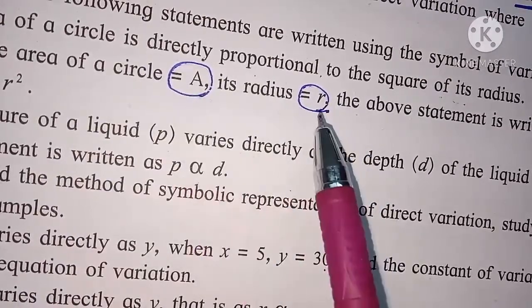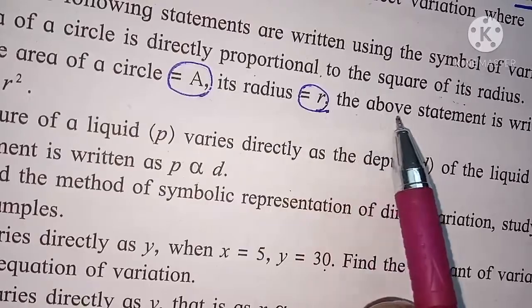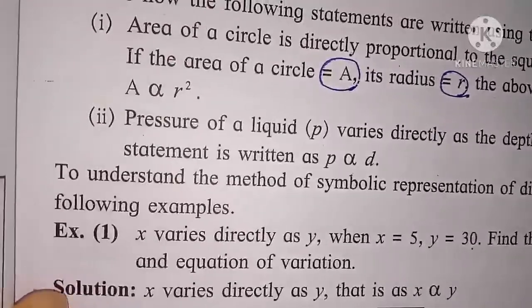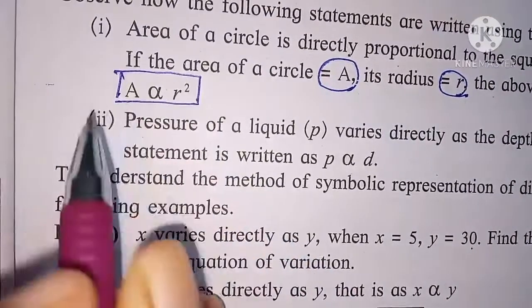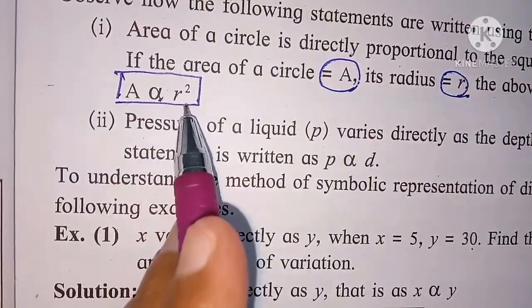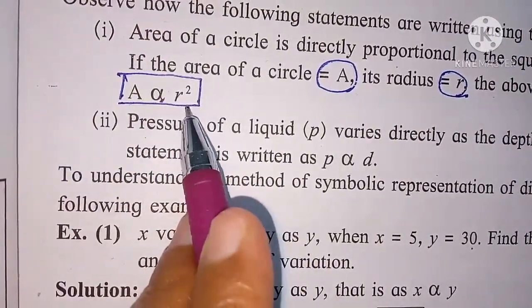So A is directly proportional to R square.